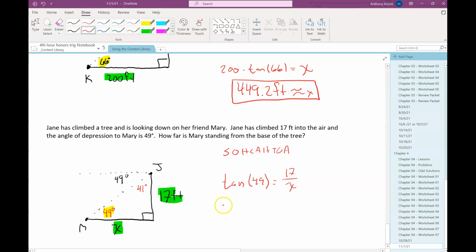Solve for x. I'll multiply both sides by x to get out of the denominator. And then divide both sides by tan 49. And then calculator time.